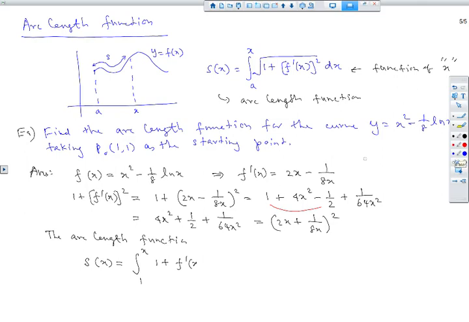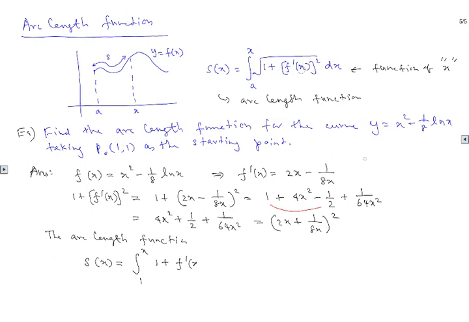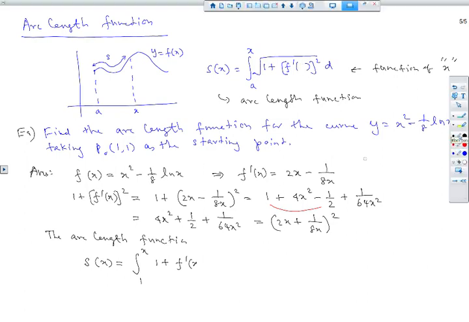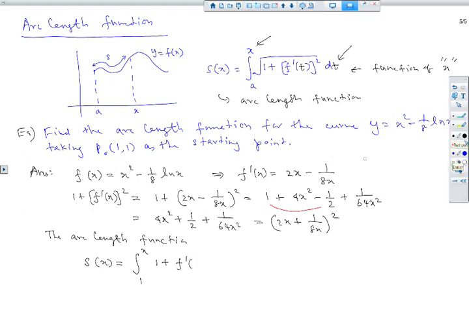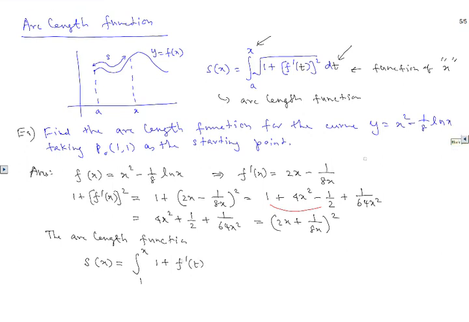We normally don't write the same letter, so I prefer to write something else as a dummy variable. So let's put t. Remember we used that idea in the fundamental theorem of calculus. And then we square, take the square root, dt.